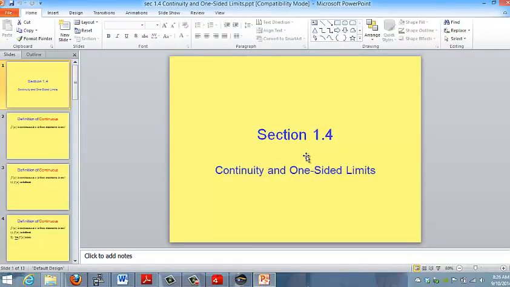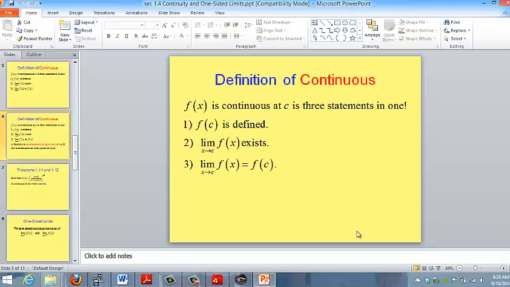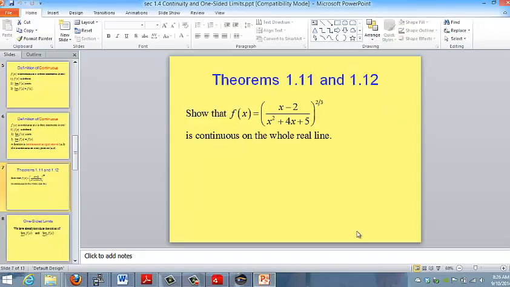But I guess what happens is when we start mixing together compositions of functions, that's where maybe you can get a little bit worried about, hey, is this function continuous or not? Okay, here's the example. Show that this function is continuous on the whole real line.